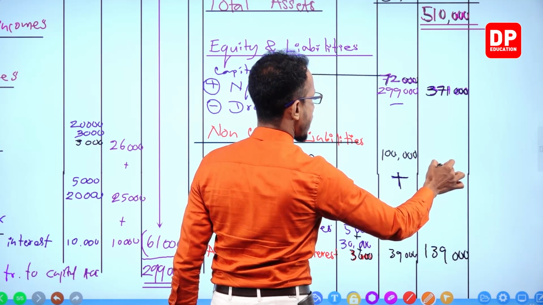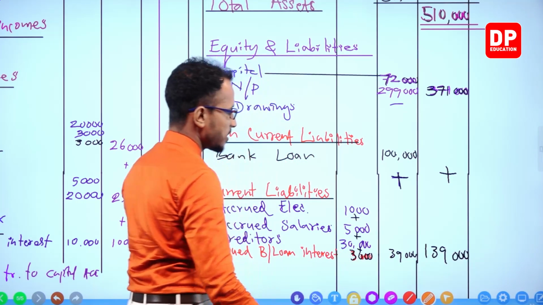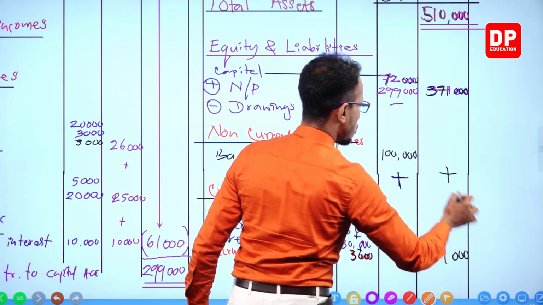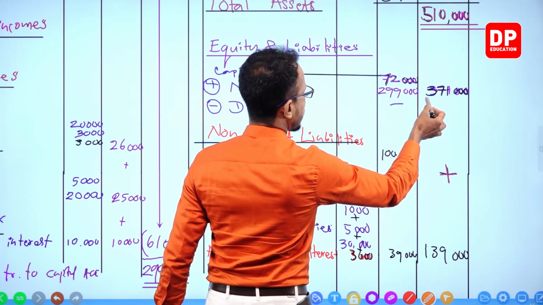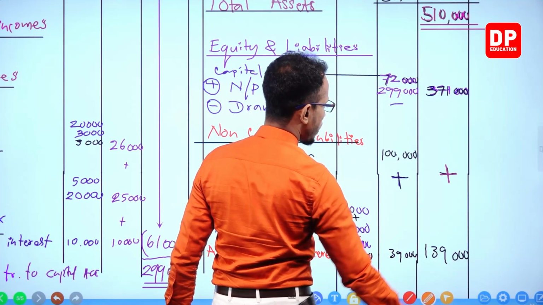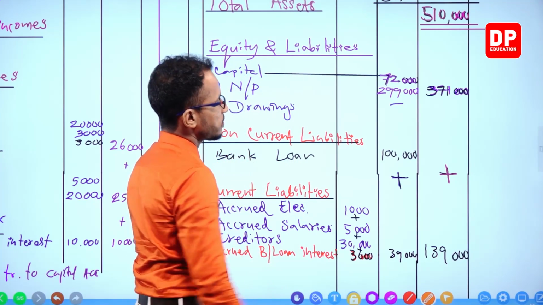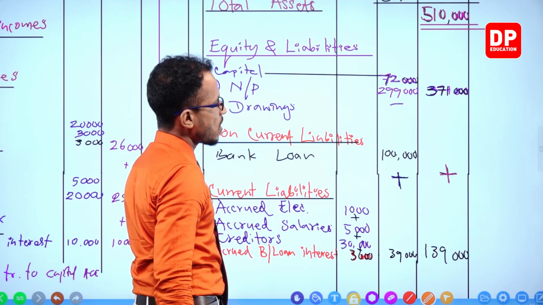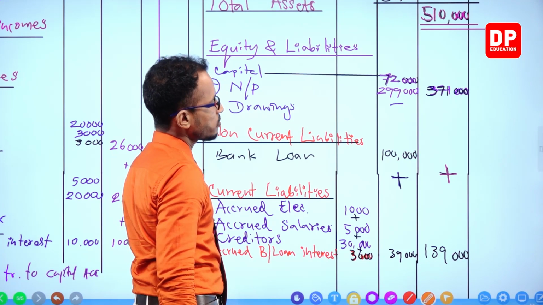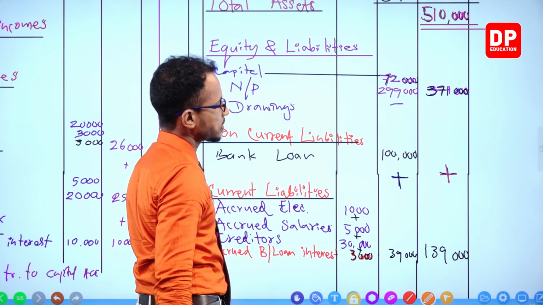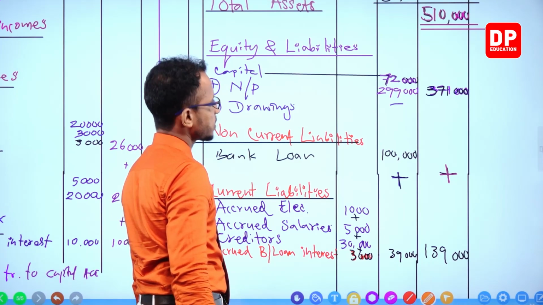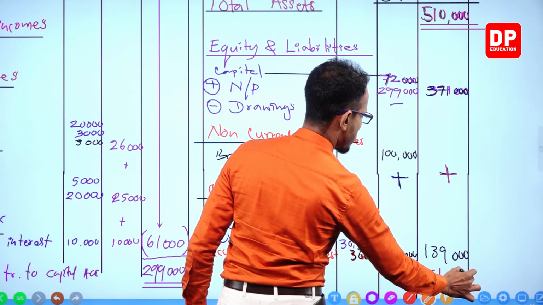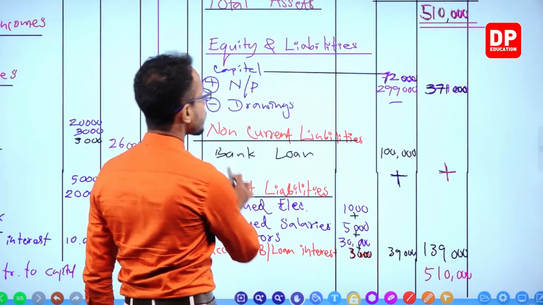And what we do is we add equity and liabilities. How much do we get? Let's take the total. 371 plus 139. 371 plus 100, 471. 471 plus 39, it's 510. Here we go.